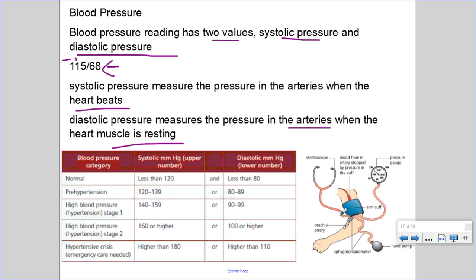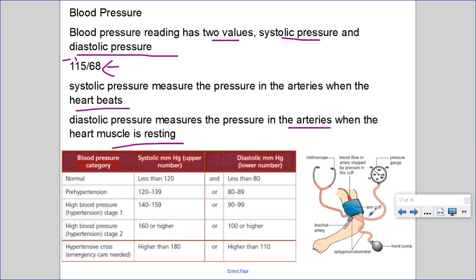The way that blood pressure is measured is using a device called a sphygmomanometer. That's that cuff that will go around the arm. This cuff will get inflated to a very high pressure. Then the doctor will be wearing a stethoscope, with it placed on the arm just below the cuff.